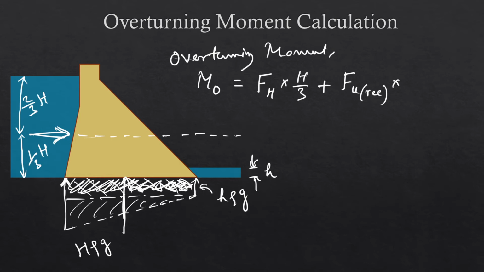So its distance from the toe will obviously be B by 2, where B is the total base width of the dam.